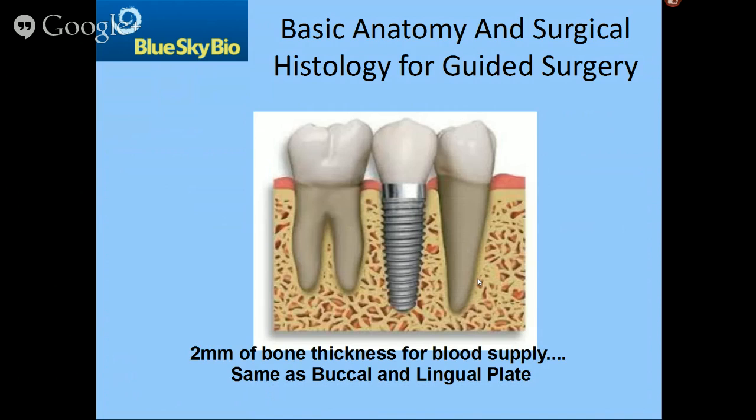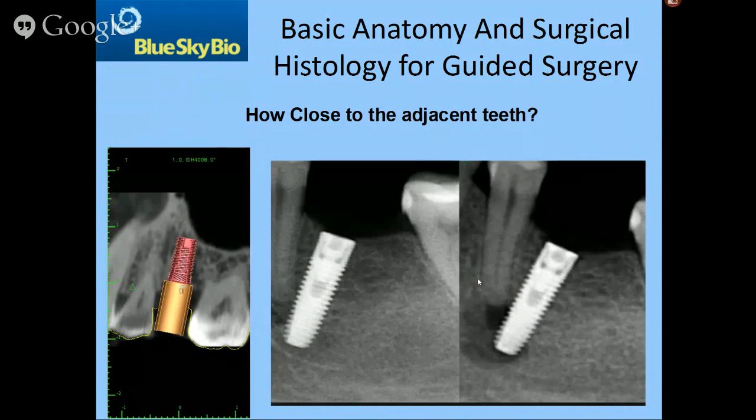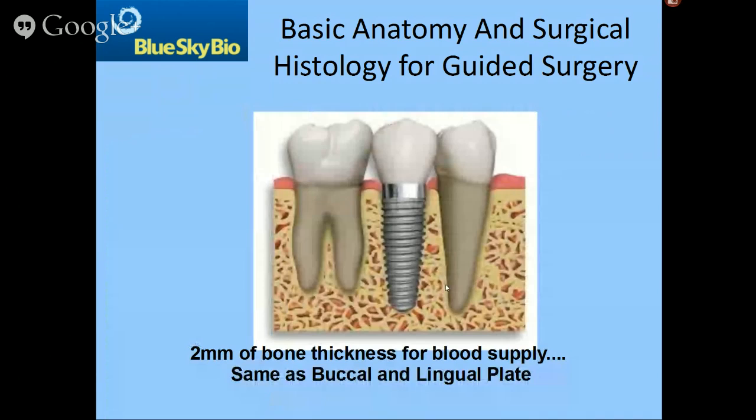Okay, so how much should there be between implants and teeth? There are a lot of people who say it should be 1.5 millimeters. Now, again, why is that? Well, the teeth themselves have a PDL blood supply. That's good. But they also have a cortical plate right next to them, which is not very vascularized. It's only being held by the periodontal ligament space.